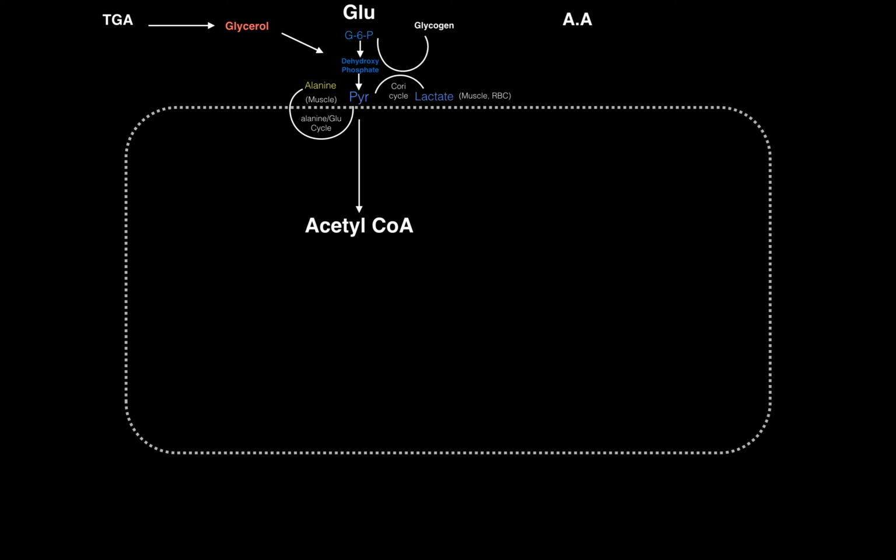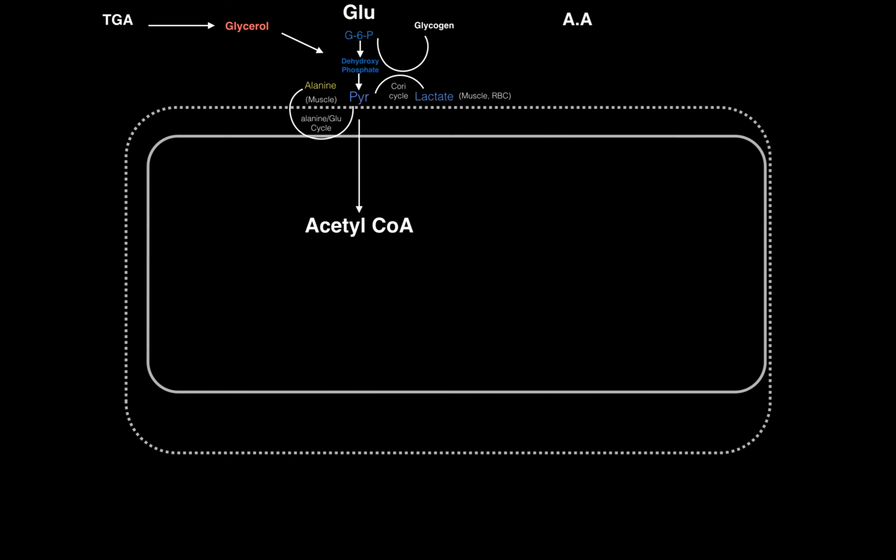But for metabolites such as pyruvate, amino acids, and triglycerides, they will need a specific carrier protein. It's called a mitochondrial carrier protein that can carry them inside the mitochondria. Okay, so here we show the second mitochondrial membrane. However, the carrier protein for pyruvate is unknown.